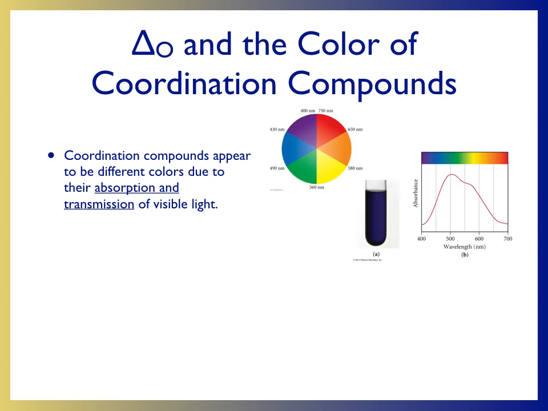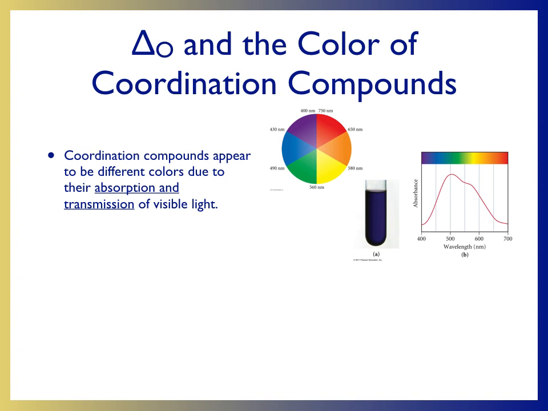For example, if we take a look at this picture of a complex ion, we see that it's a deep purplish blue color. If we measure an absorption spectrum, we find one peak that occurs right around 500 nanometers, around the green region of the visible spectrum.